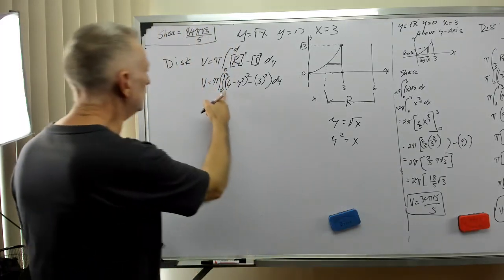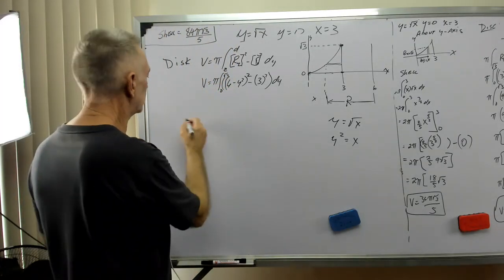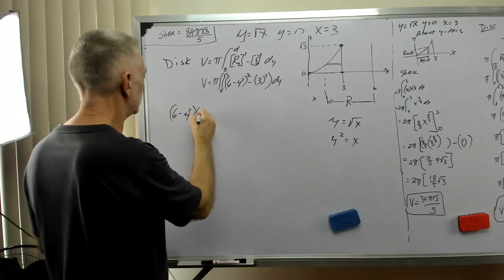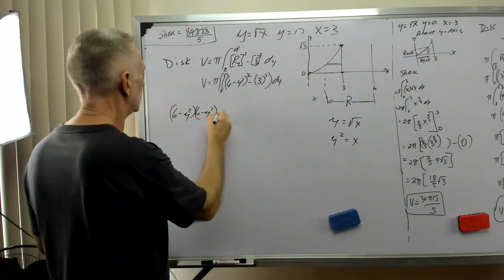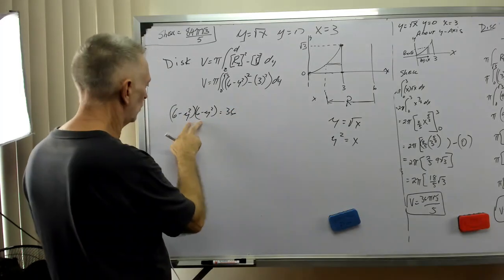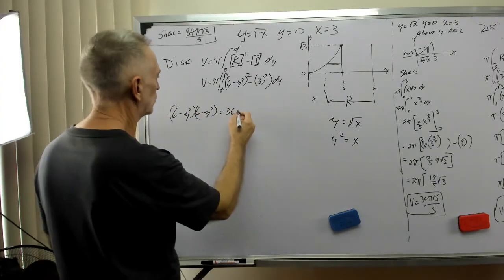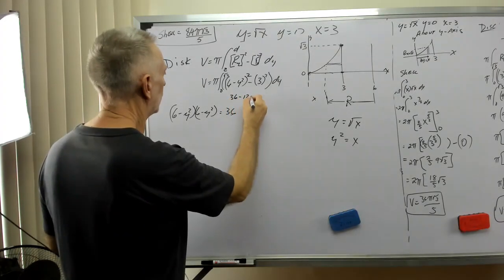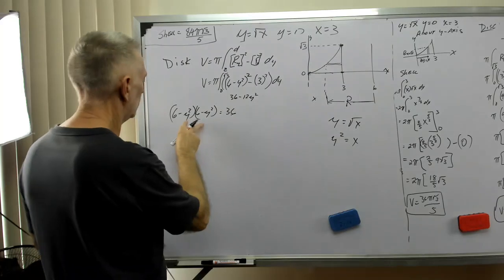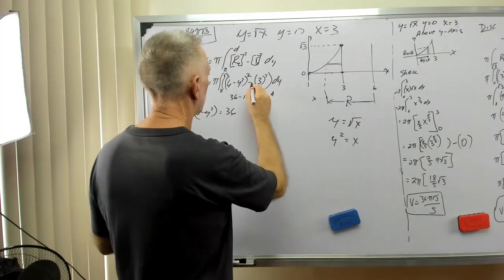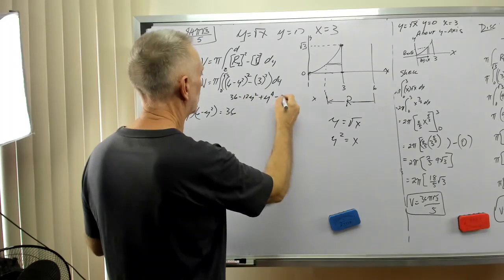All right, so what is 6 minus y squared? All right, that's 36 minus 6y squared minus 6y squared. So that's 36 minus 12y squared plus y to the fourth minus 3 squared, which is 9.